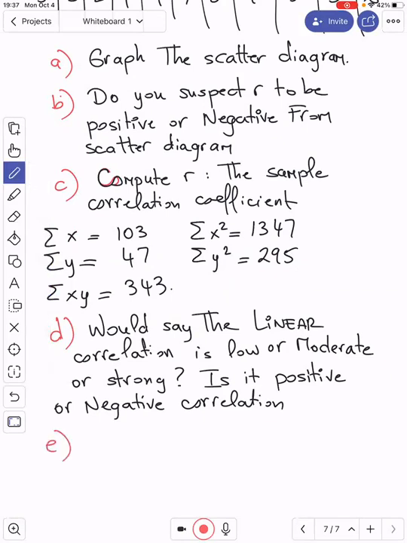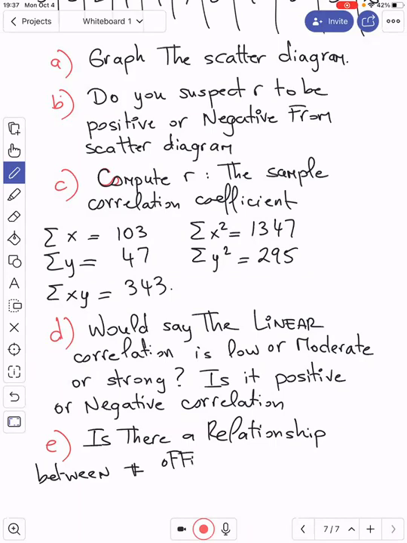So do you think there is a relationship between the number of police officers on duty and the number of muggings? Okay.